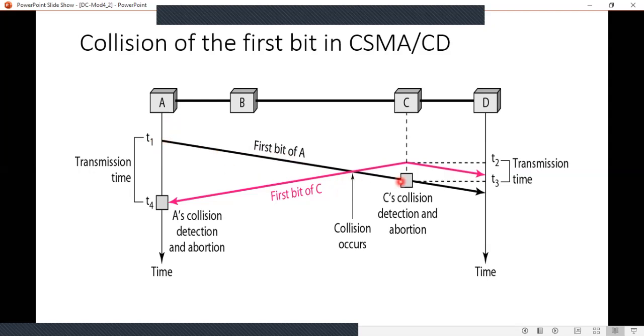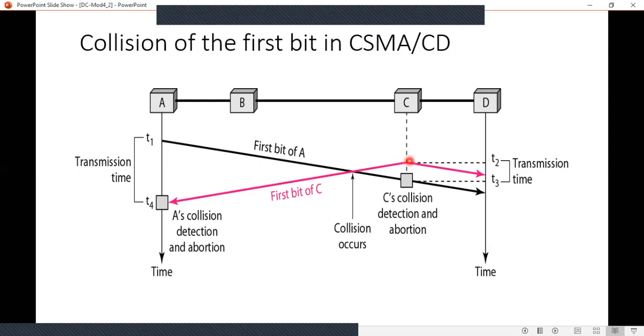Now at time t2, the station C has not yet received the bit sent by station A. So station C will execute one of the three persistence procedures, that is one-persistent, p-persistent or non-persistent, and sees that at this point of time t2 the channel is idle.